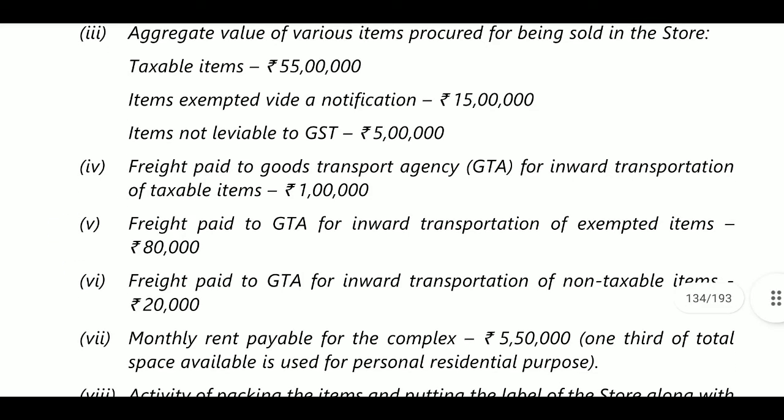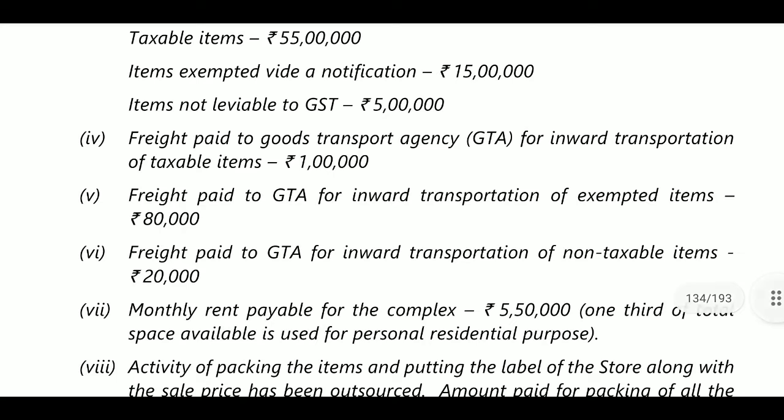Next, fees paid to Goods Transport Agency, GTA, for inward transportation of taxable items: 1 lakh. It will be payable under the reverse charge mechanism. GTA means 5%, so 1 lakh into 5%, 5,000 will be liable, and on 55 lakhs the taxable liability will be payable at the tax rate.